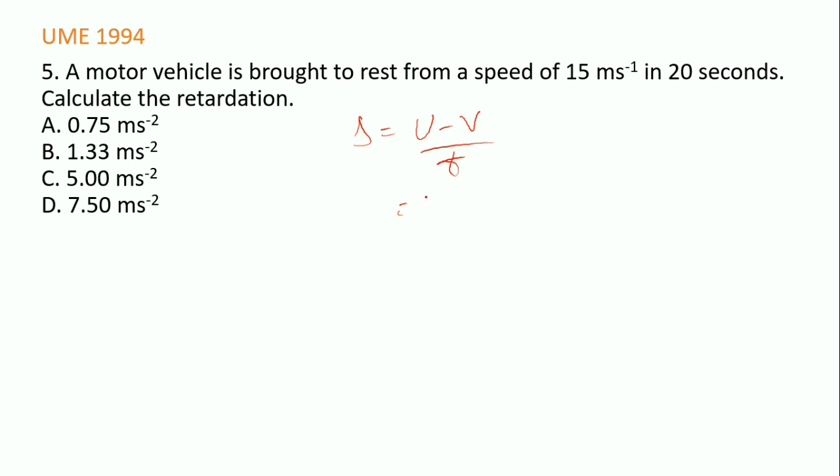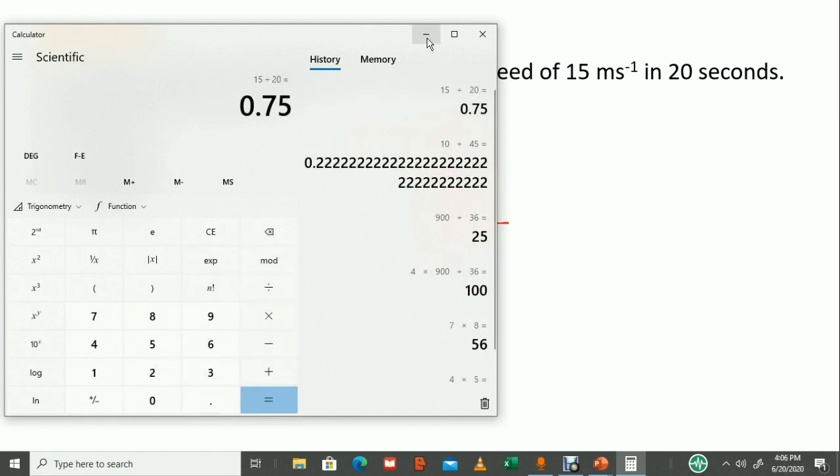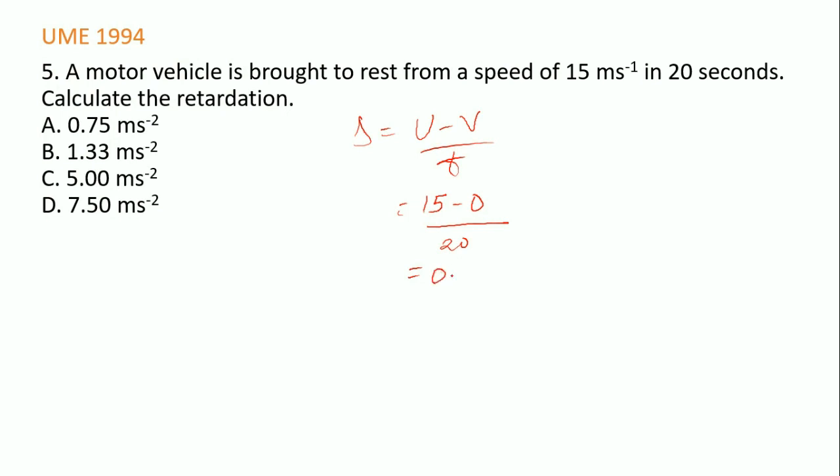So the initial is 15 minus 0, since it is brought to rest, divided by 20. So we will be having 15 divided by 20, and let me get my calculator out for that. Not just in the mood to think today. That would be 0.75 meters per second square. So that is option A for that.